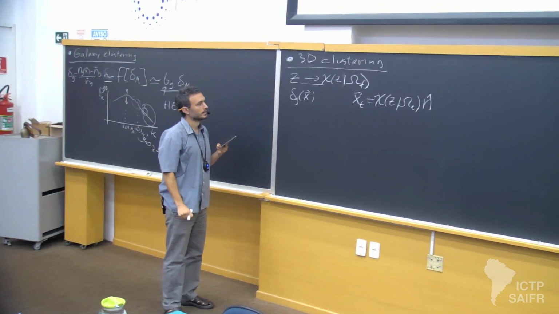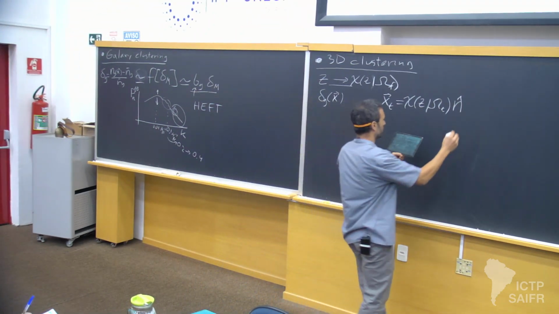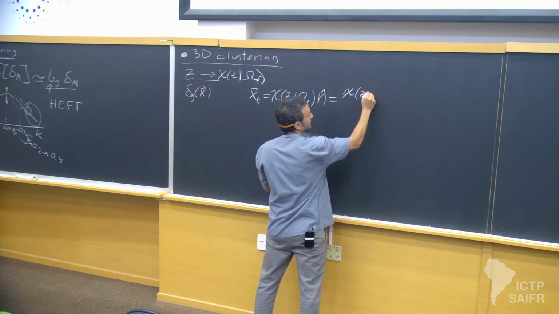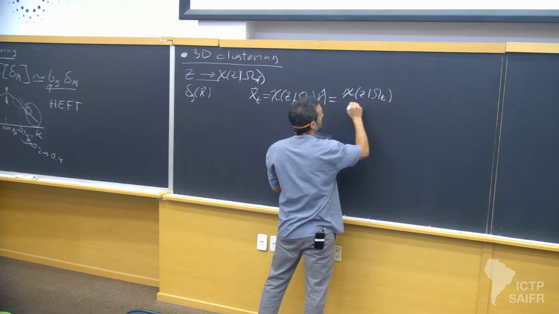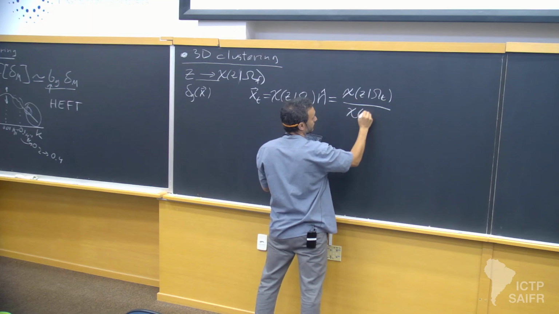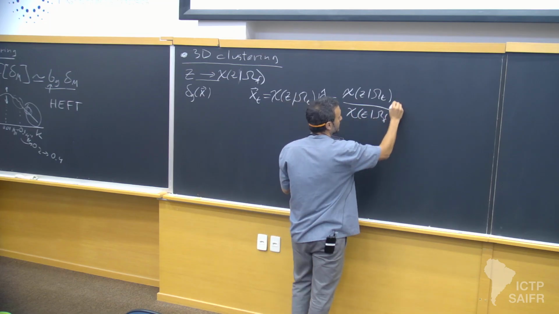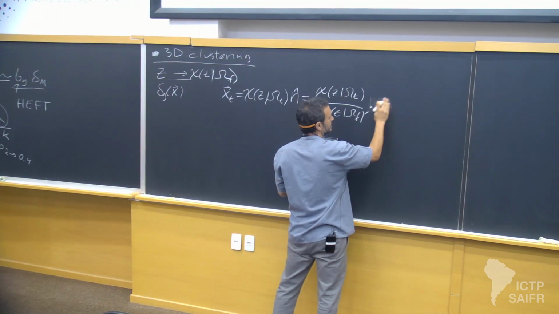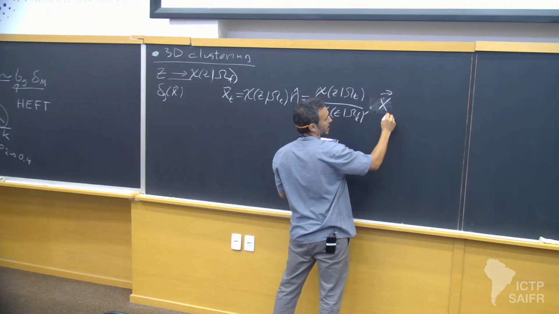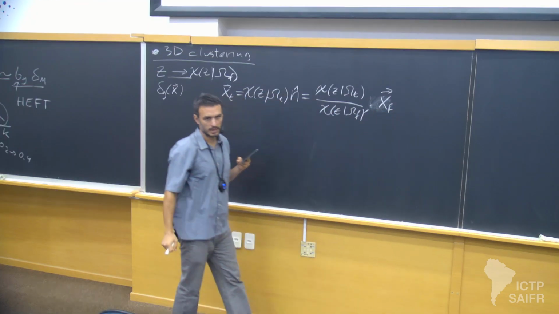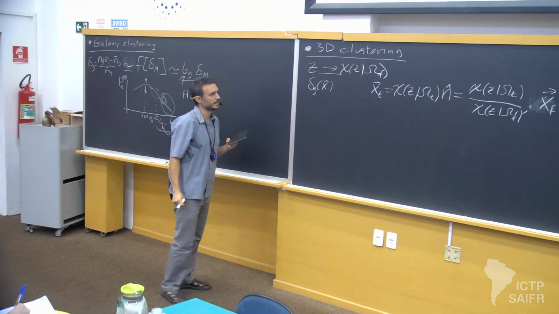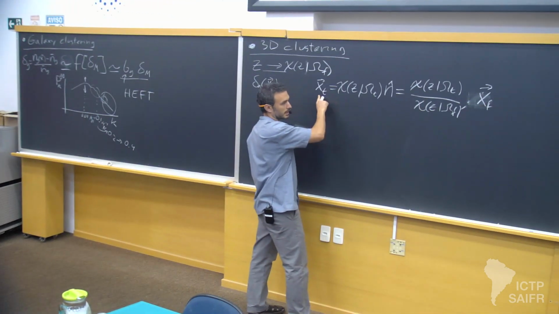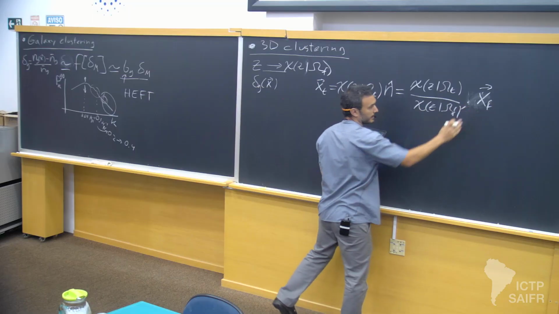And this would be the chi for the true cosmology divided by the chi for the fiducial cosmology, times x for the fiducial cosmology, the one that we would assign this galaxy in our analysis. All right? So we have these relationships between the true coordinates and the inferred 3-dimensional coordinates.